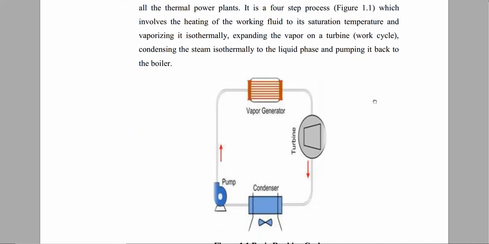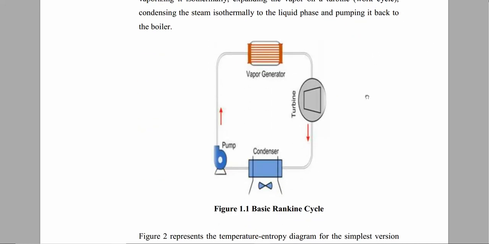As you can see in the figure, we have a pump, then a vapor generator, or we can say a boiler, then a turbine, then a condenser. The pump helps to supply the water to the boiler. The main function of the boiler is to boil the water and change it into vapors.